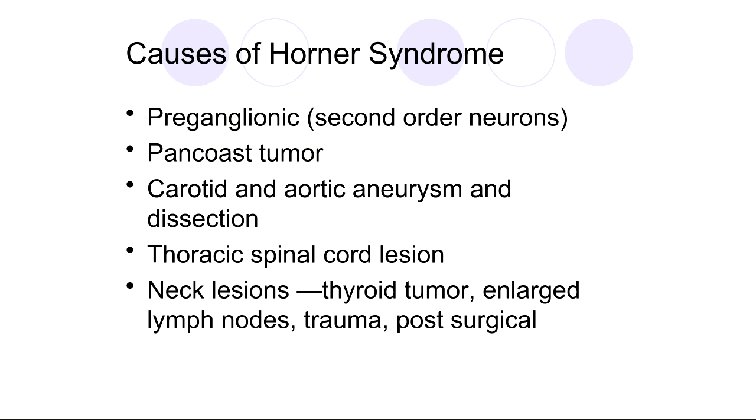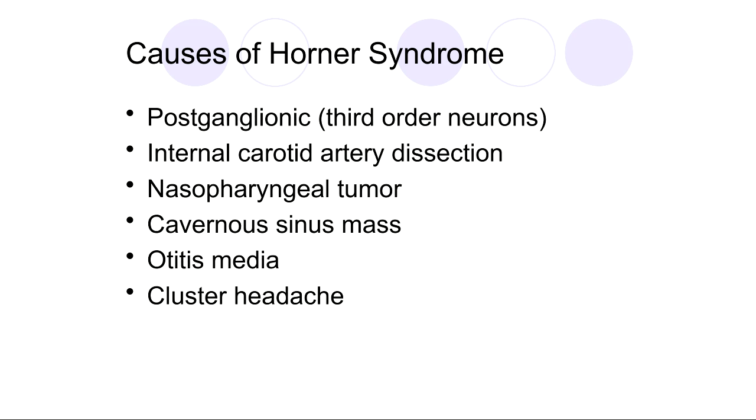You may have carotid and aortic aneurysm and dissection. You may have a thoracic spinal cord lesion, or you may have other neck lesions. Your postganglionic Horners may be secondary to internal carotid artery dissection, nasopharyngeal tumors, cavernous sinus mass, otitis media, or cluster headaches.